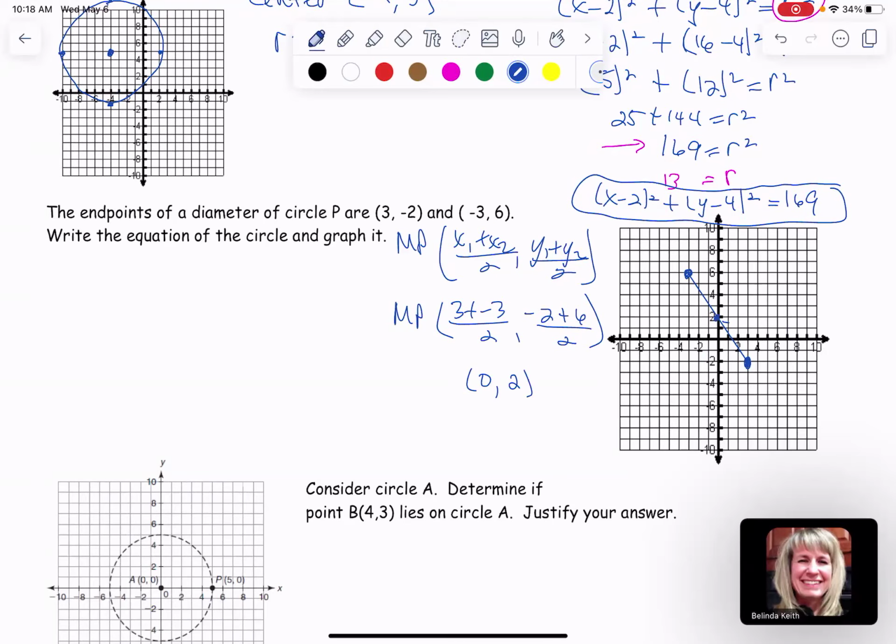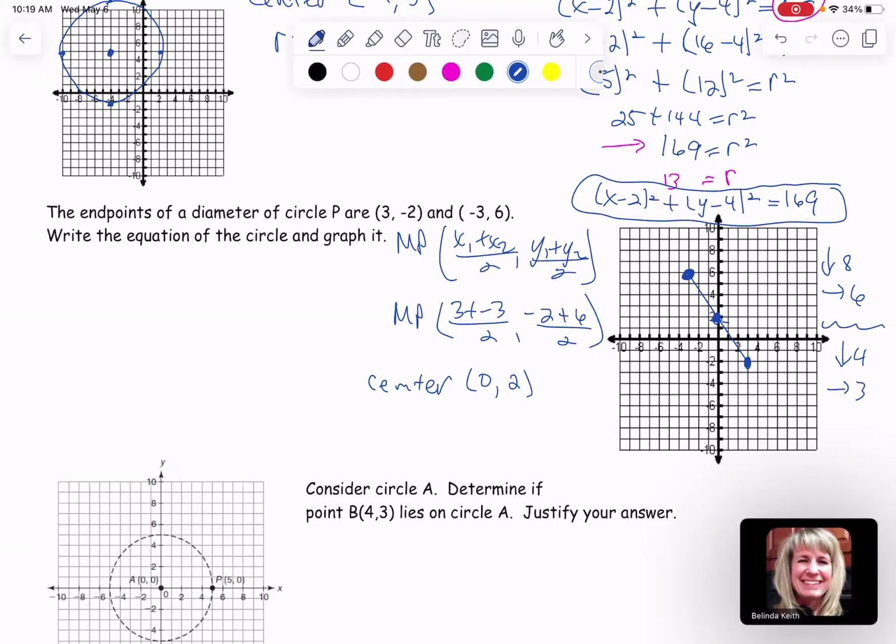Now that's one way to do it, to find your center. Another option is to count. I went from this point right here, I went down 8, and I went to the right 6. You're going to do half of that, so you'll go down 4 and to the right 3. So if I go down 4 and to the right 3, I still end up right here at 0, 2.